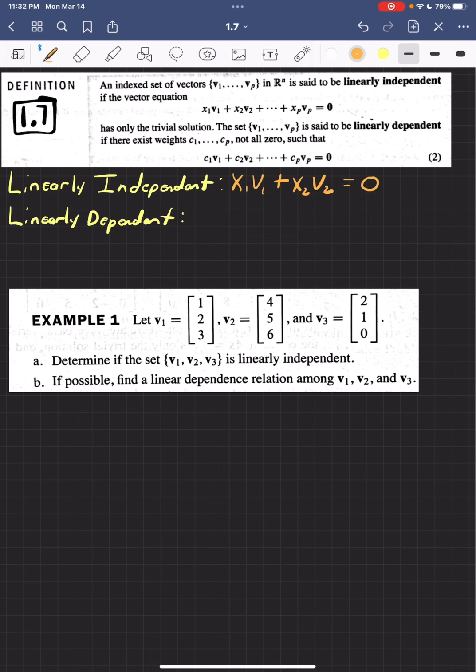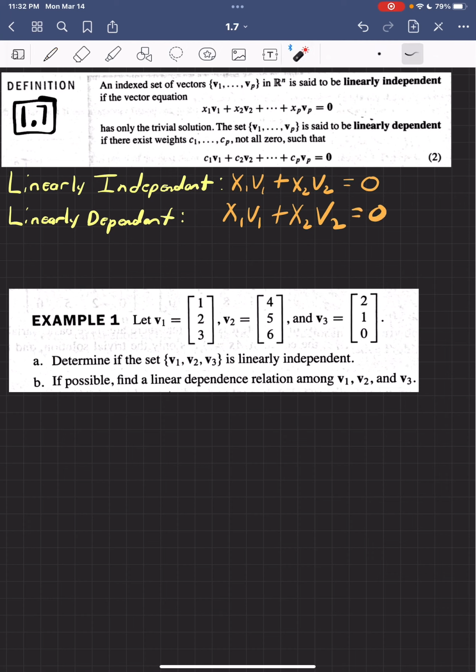Now, the other type of relation, linear dependence, I'm going to write the same thing twice: x sub 1 v sub 1, plus x sub 2 v sub 2 equals 0.